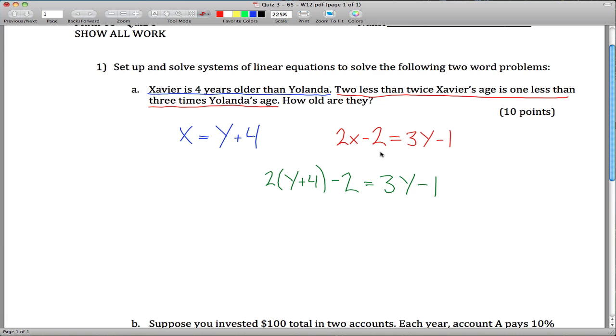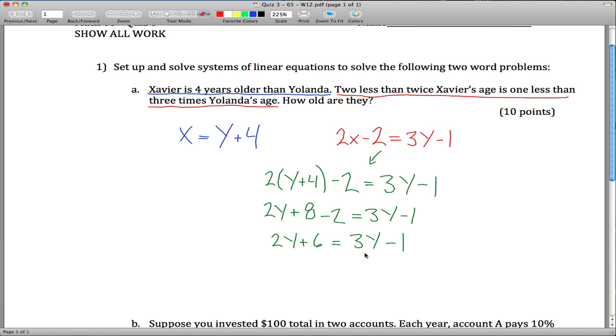So that's this equation right here, except instead of writing x, I wrote y plus 4. Now if you distribute, you get 2y plus 8 minus 2 equals 3y minus 1. 8 minus 2 is 6, so 2y plus 6 equals 3y minus 1.